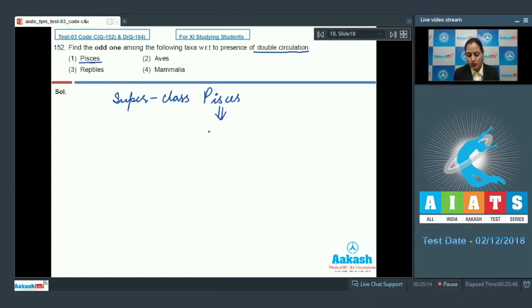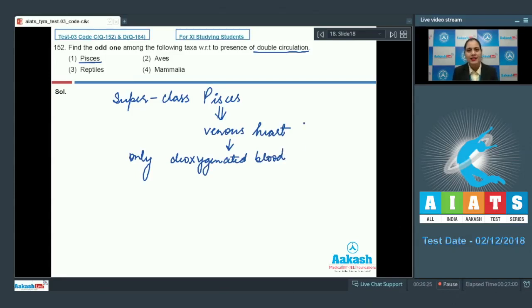They have members which possess venous heart, and in this venous heart, only deoxygenated blood is pumped by fish's heart, which means that blood is circulated only once through the heart of fishes, and this means that they have single circulation. So this is an odd one out among the given options and is a correct answer to our question.